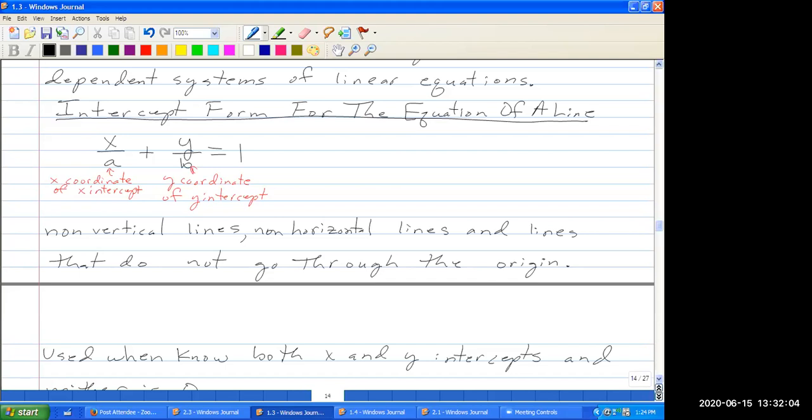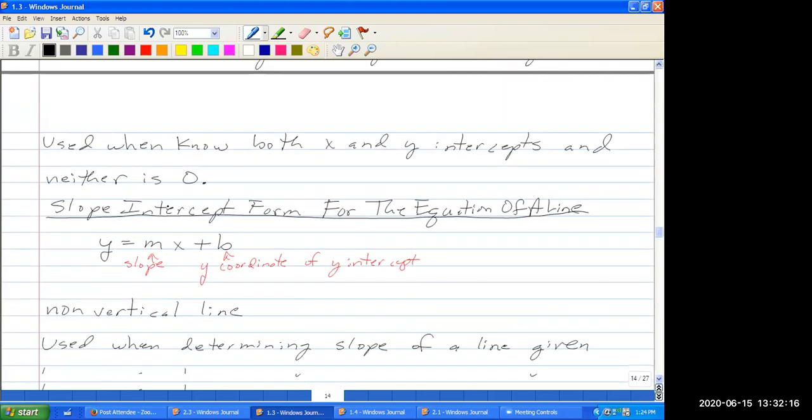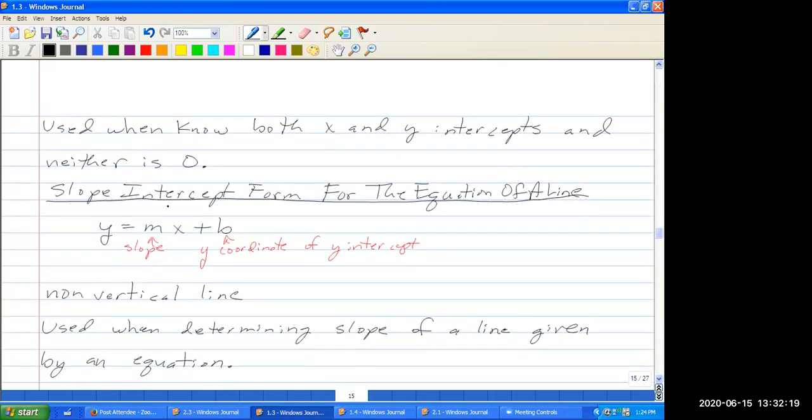So you have to assume that this is for a non-vertical line, for a non-horizontal line, and for lines that do not go through the origin. When do you use this? I use this when I happen to know both the x and y intercepts, and neither the x nor y intercept is 0.